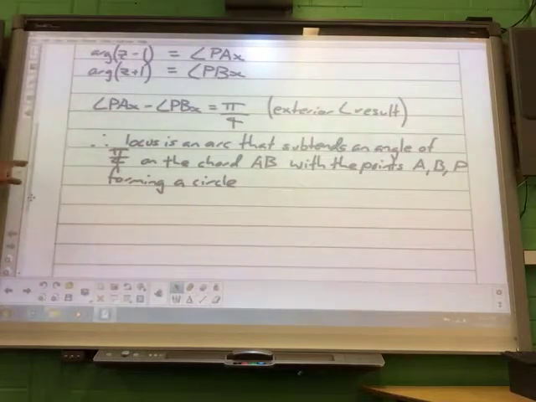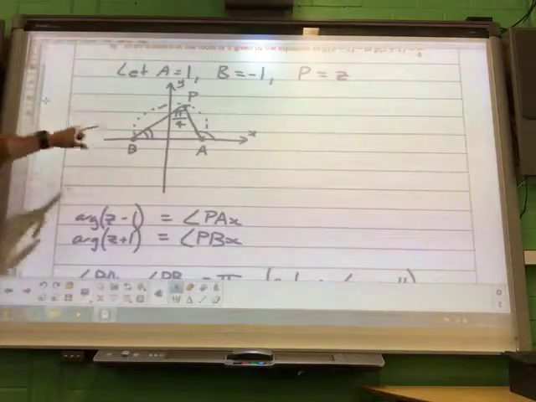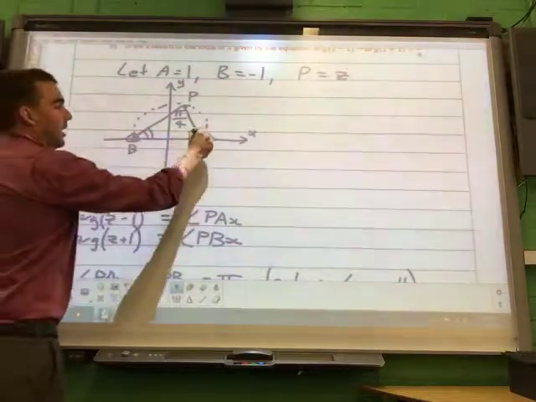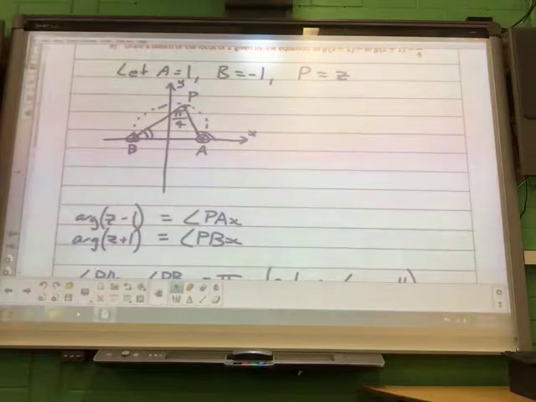Now, there's one thing I forgot here. We can't have the argument of a point, so that should be an open circle where they meet on the axis.